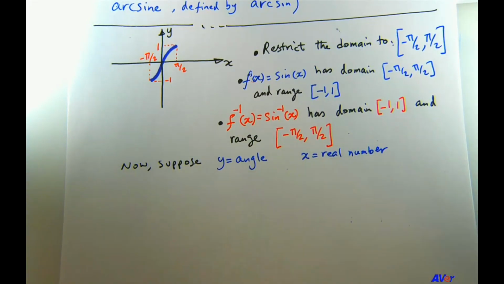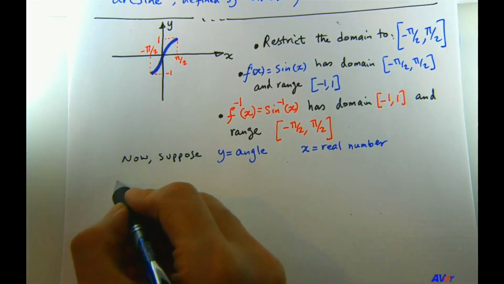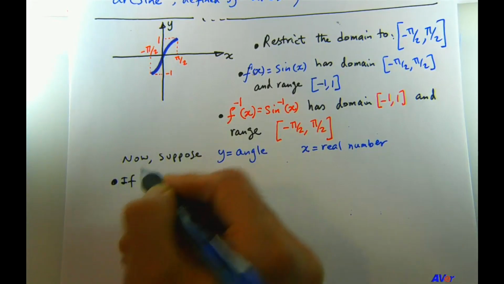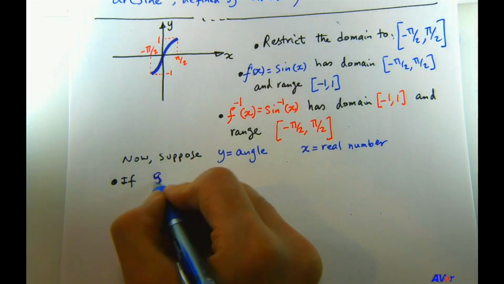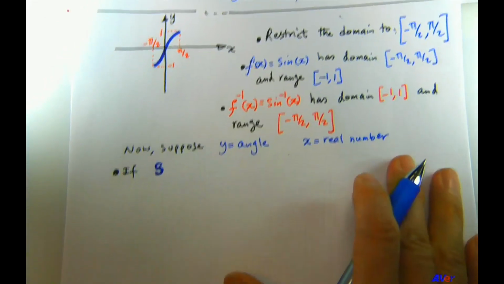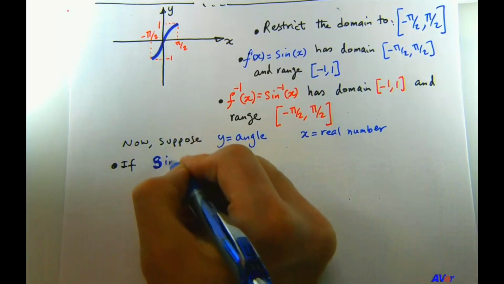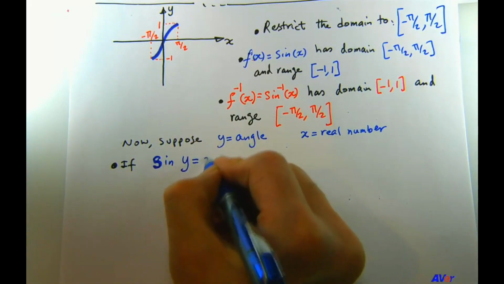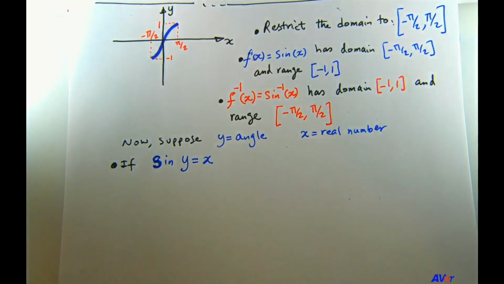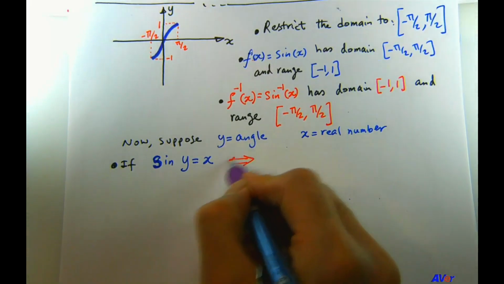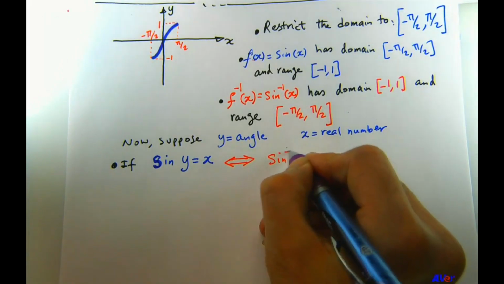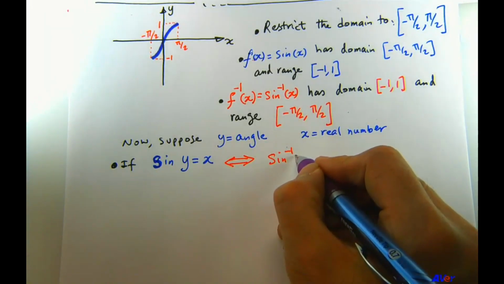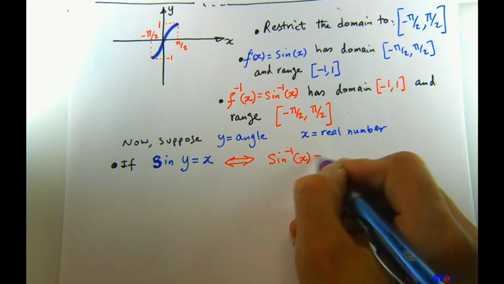Then if we have sine of y equals x, then the inverse sine of x equals y.